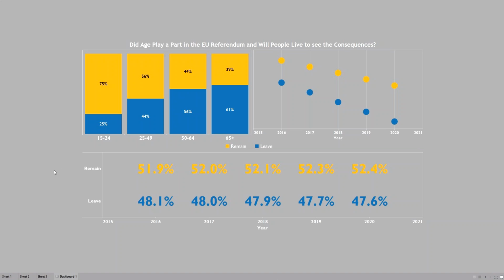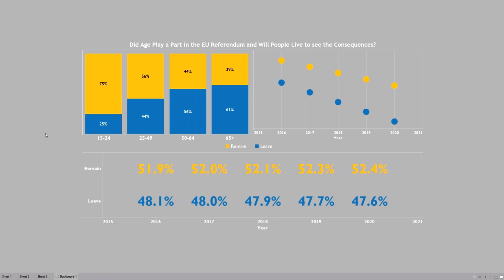And the age demographics from the actual vote are very, very similar. But the thing people were concerned about was that the older generation, the 65 plus, 61% of them are voting leave, compared to only 25% of the younger generation. That's actually meant to be 18 to 24.